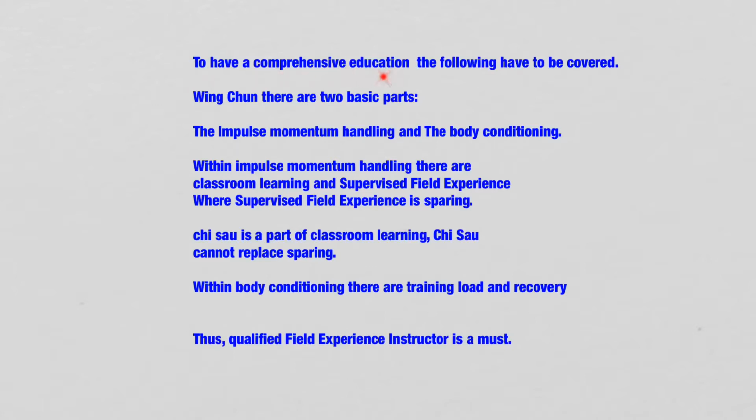Now, with knowing this, in today's language we can sum it up. To have a comprehensive Wing Chun education, the following has to be covered. There are two basic parts: the impulse momentum handling and the body conditioning. And within the impulse momentum handling, there is classroom learning, where people learn some techniques, doing some sets and some application learning, and supervised field experience, where supervised field experience is sparring.